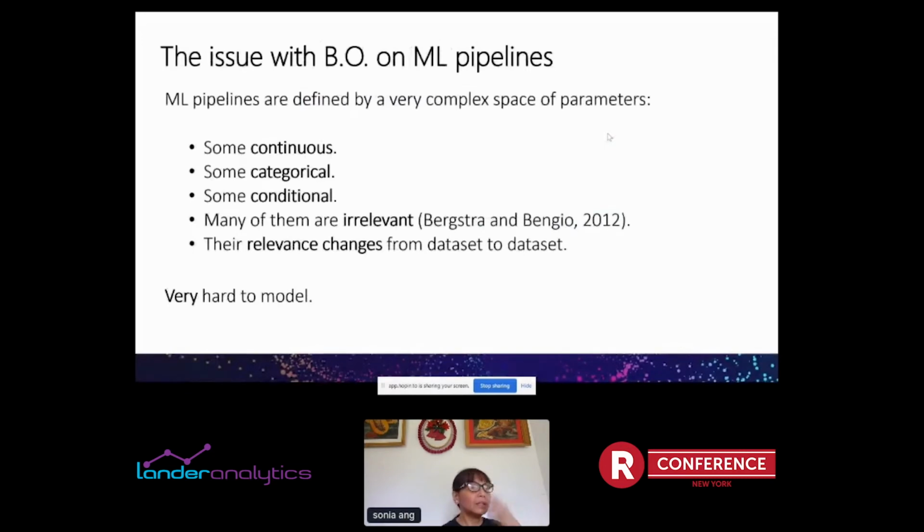Now, there are still issues with Bayesian optimization and machine learning pipelines because, as I mentioned earlier, there are some constraints, so it is still hard to model. What Dr. Fusi did was add or modify two assumptions.